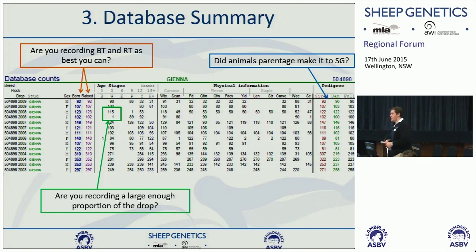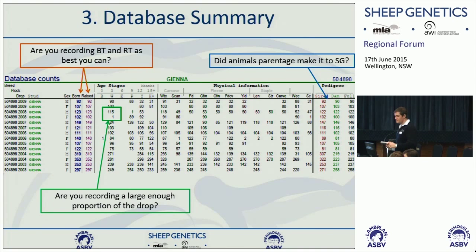So it's in proportion, but if you get to a stage where you're not measuring, Hamish was talking about it before, the bottom performers, that bottom 10, 20%, if you're not recording anything for them at all, we don't know just how good the rest of your group are, because you're not including those animals in the analysis. So we can't see that bottom end of the bell curve that we had up before. We can't see those poorer performers and where they sit.